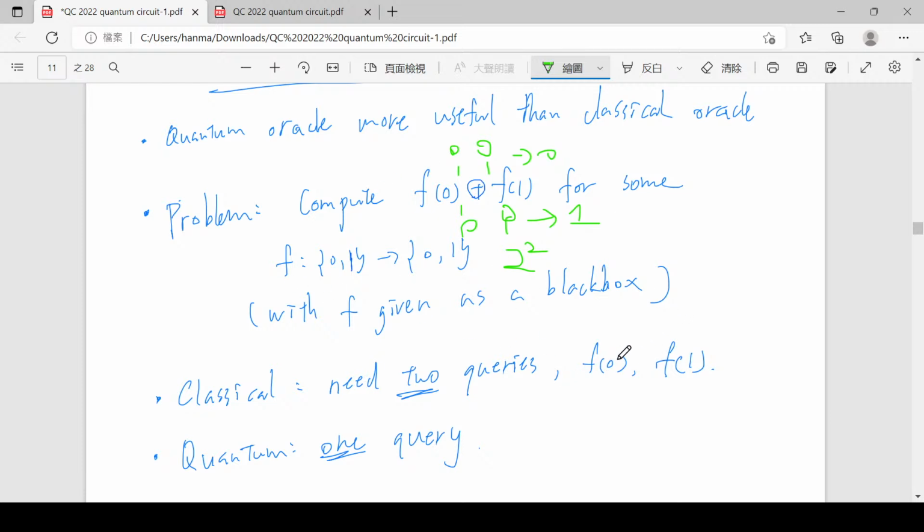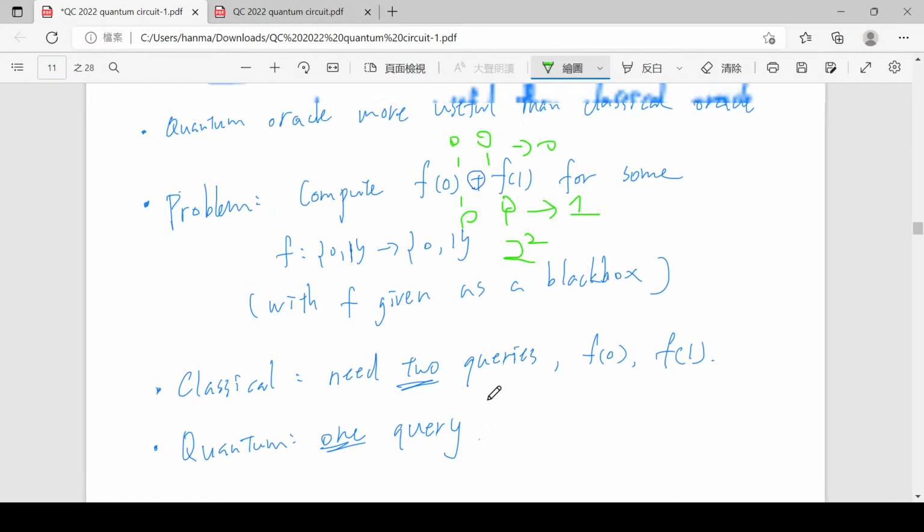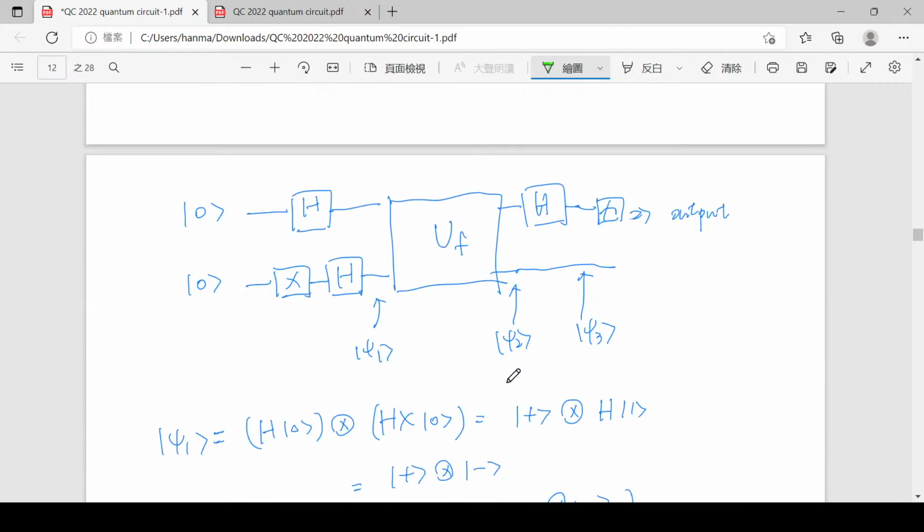So you need 2 queries here, and obviously 2 queries is enough. If you look up both of them, then you add those 2 answers together. That's how the classical algorithm works. But the quantum speedup we see is that in quantum we can look in superposition and look in a different direction and only do this in 1 query.